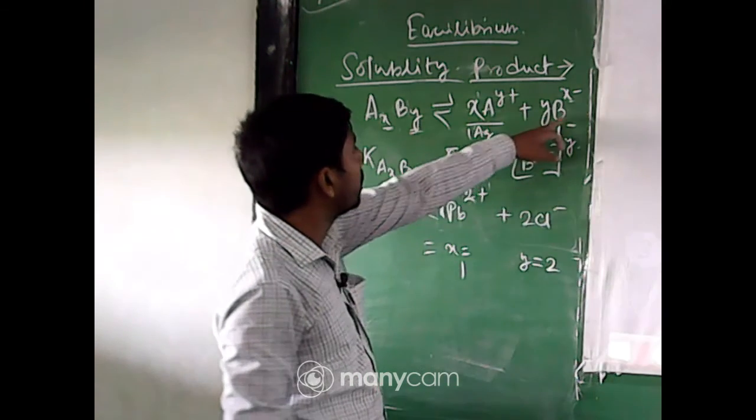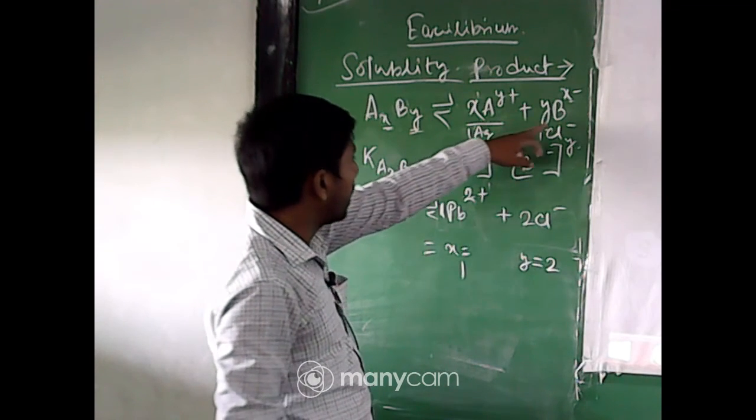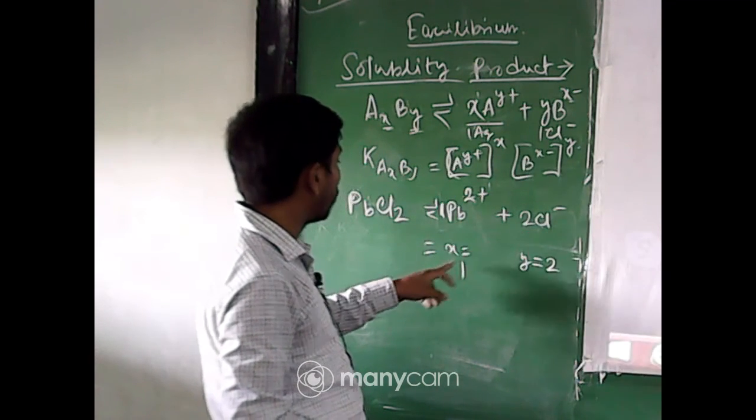So, it goes in the power of B, that is Cl squared, and the valency of chlorine is 1.